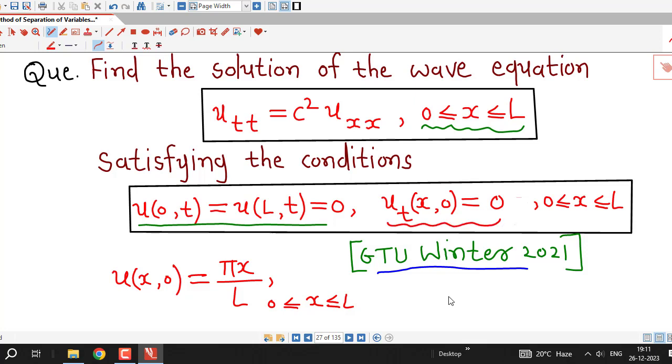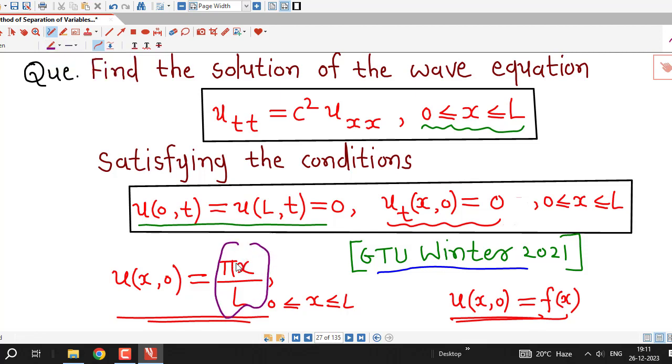So if we compare these initial conditions, initial deflection we had taken as u(x,0) equal to f(x). Comparing with the standard form which we had taken in lecture number 1, we find that f(x) is equal to pi x divided by L, and the initial condition was considered as del u by del t at t equal to 0 equal to g(x).